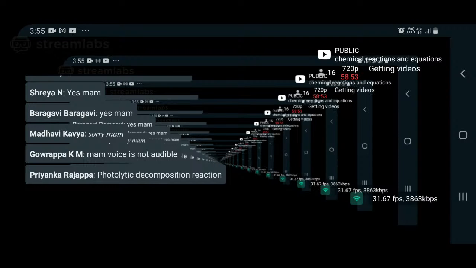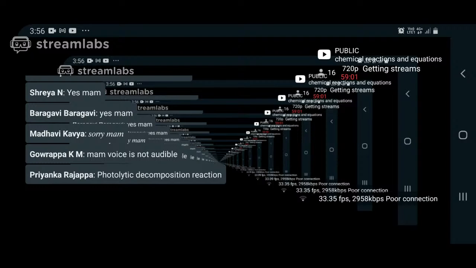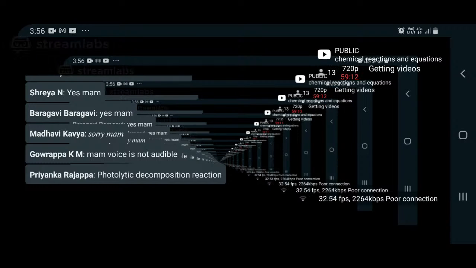And the photolytic chemical reaction is very important for your exam. They will give the reactant, that is, XCl in the presence of sunlight forms X and Cl2. What is X called?